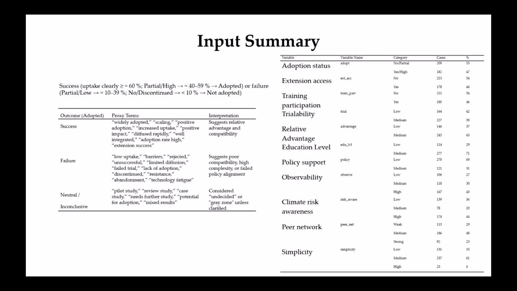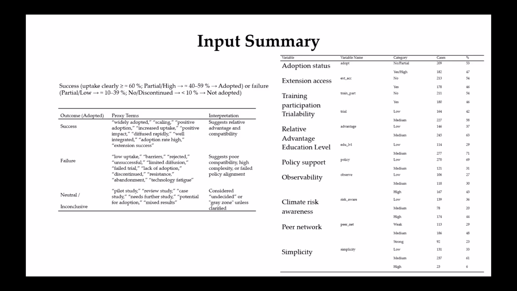Failure is low uptake, barriers, rejected, unsuccessful, resistance or technological fatigue. These are all failure. Each suggests poor compatibility, high complexity, or failed policy alignment. So that's the interpretation. We don't know; we just follow the failure and success rate, or some kind of proxy terms.